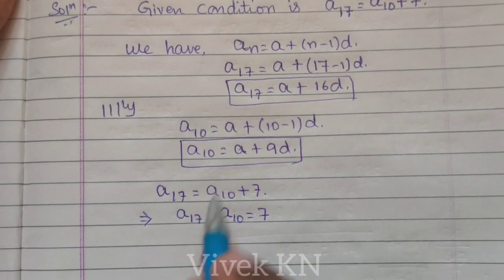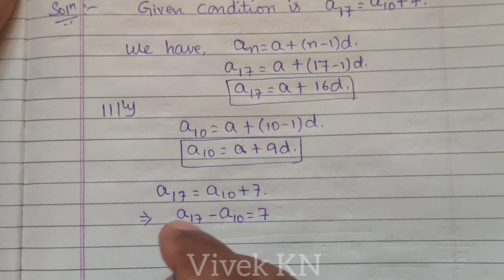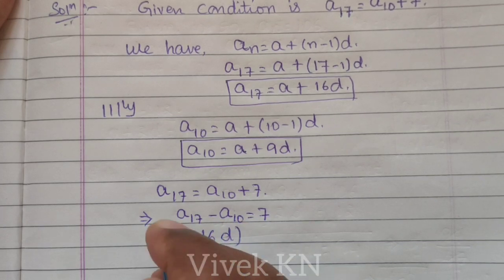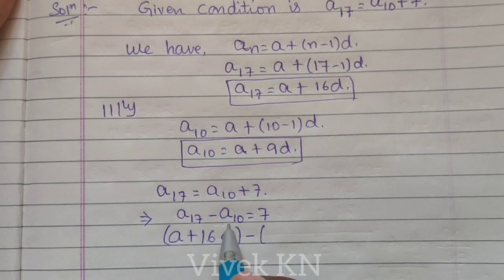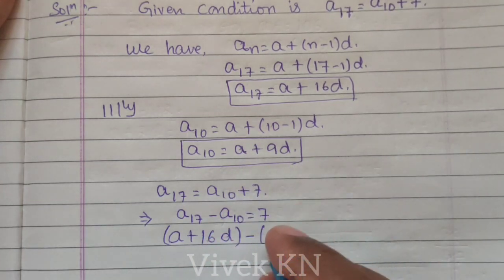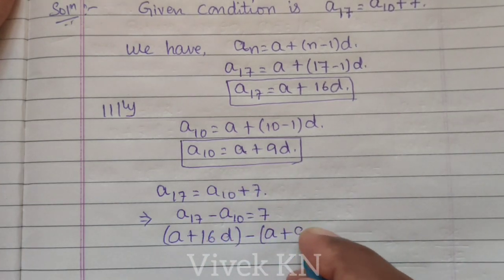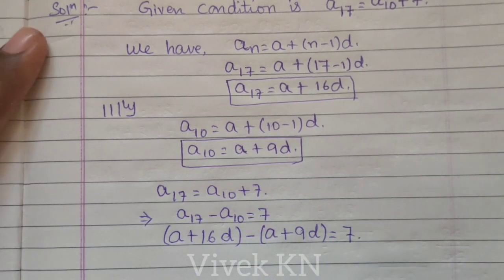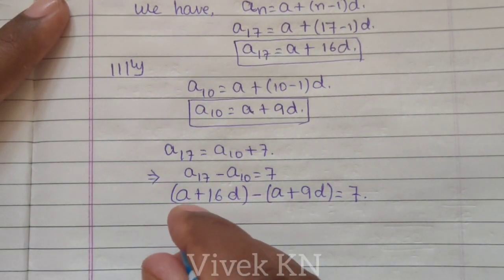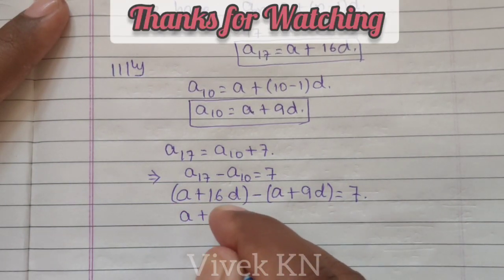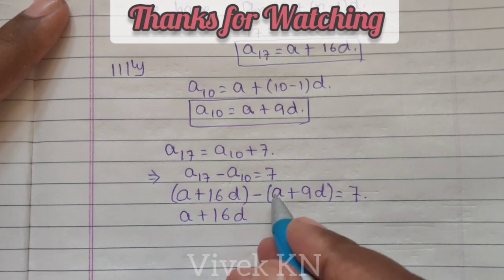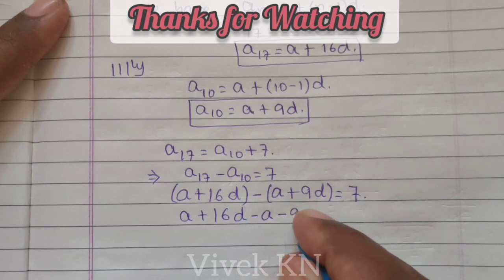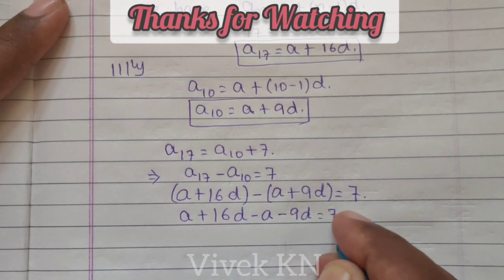The value of A17 is a plus 16d, minus the value of A10, which is a plus 9d, is equal to 7. That is a plus 16d minus into plus, minus a, minus into plus, minus 9d is equal to 7.